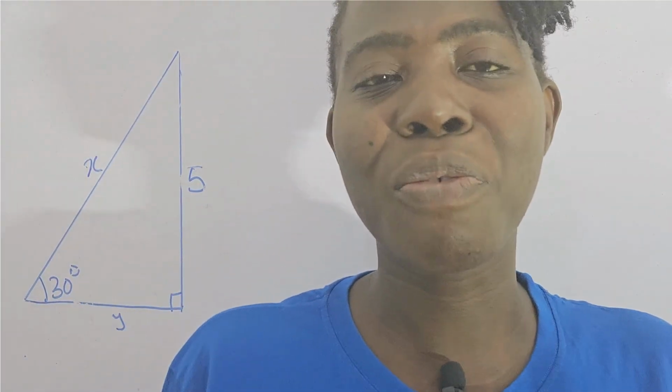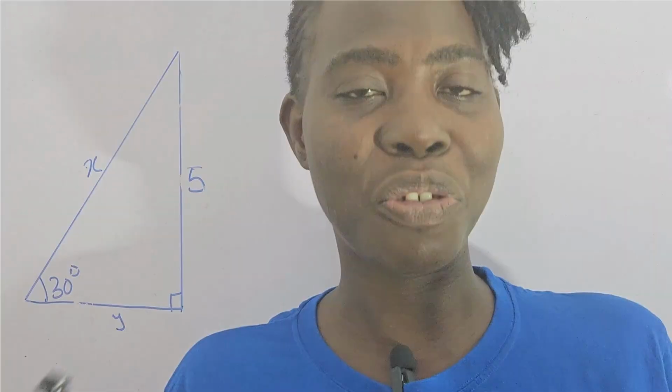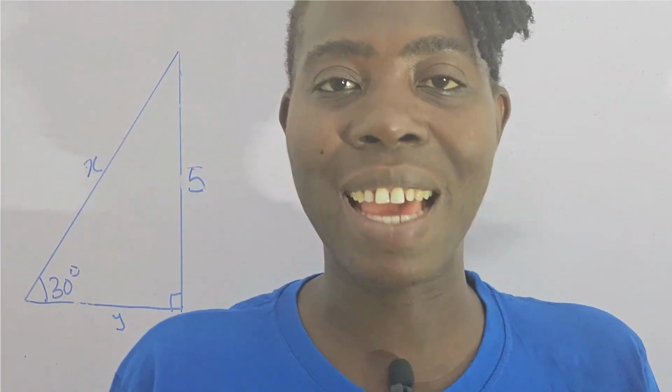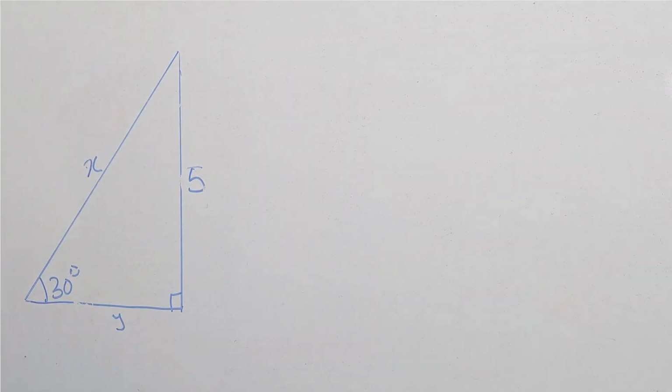In today's video, we'll be using the trigonometric ratios sine, cosine and tangent to do something very interesting: to find the missing side in a right-angled triangle. Remember our trigonometry ratio where we have what?